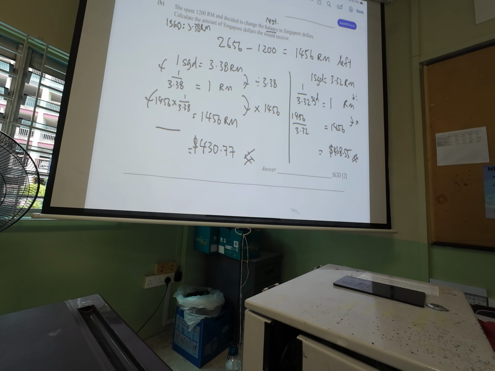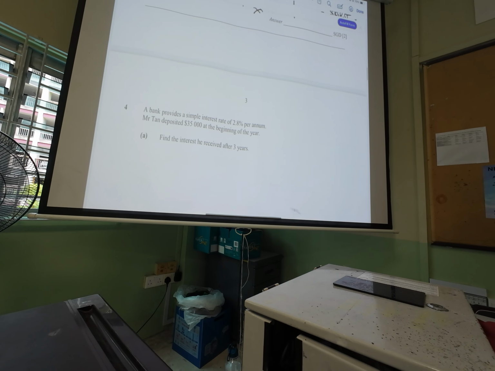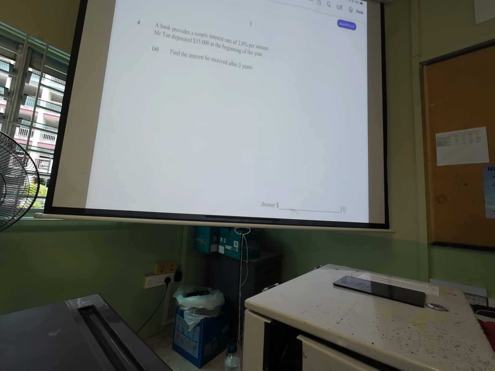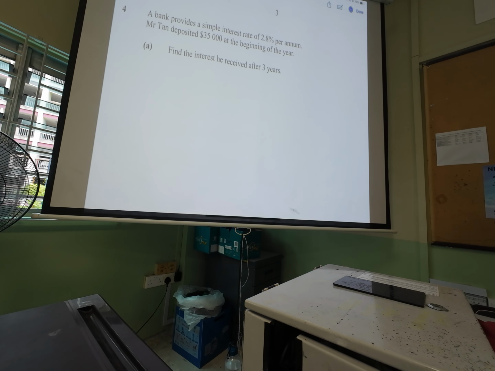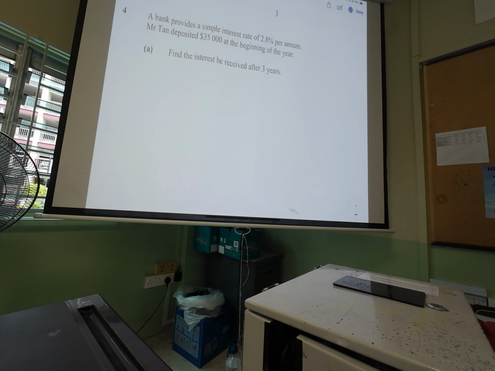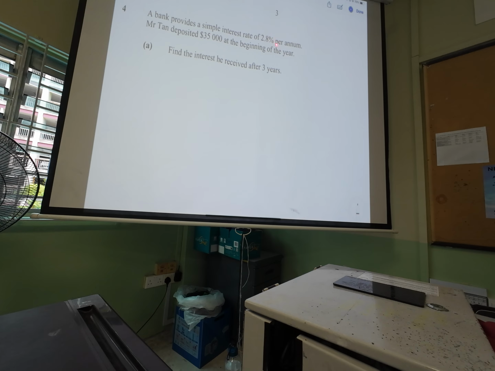Okay, next one. Simple interest rate. A bank provides simple interest rate 2.8% per annum. So during the exam, someone asked me what is per annum.